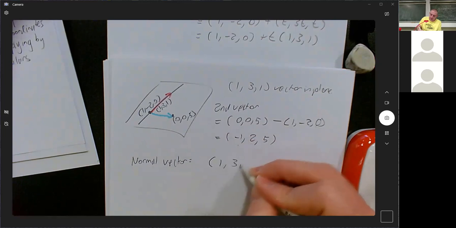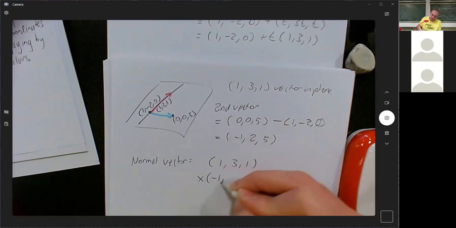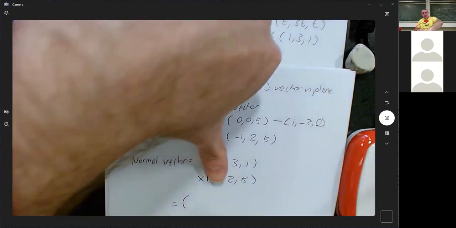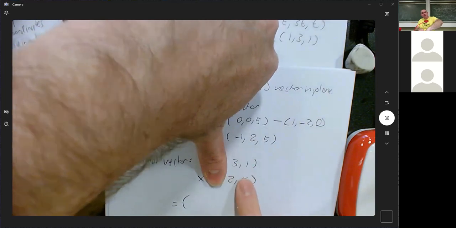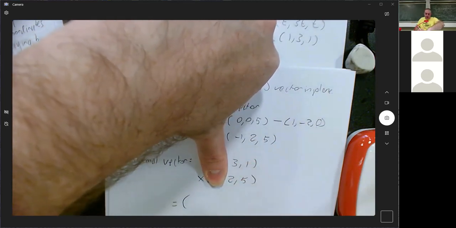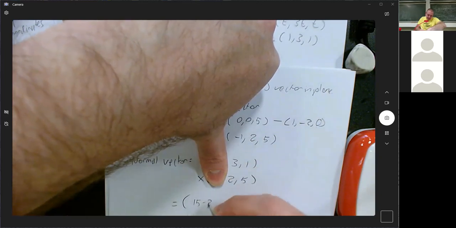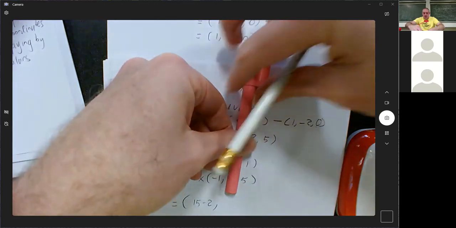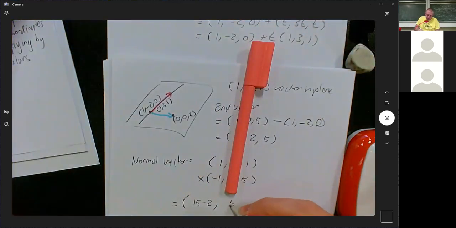So 1, 3, 1 cross minus 1, 2, 5. So 3 times 5 is 15. Minus 2 is 13. I'm just going to do that. And 1 times 5 is 5.